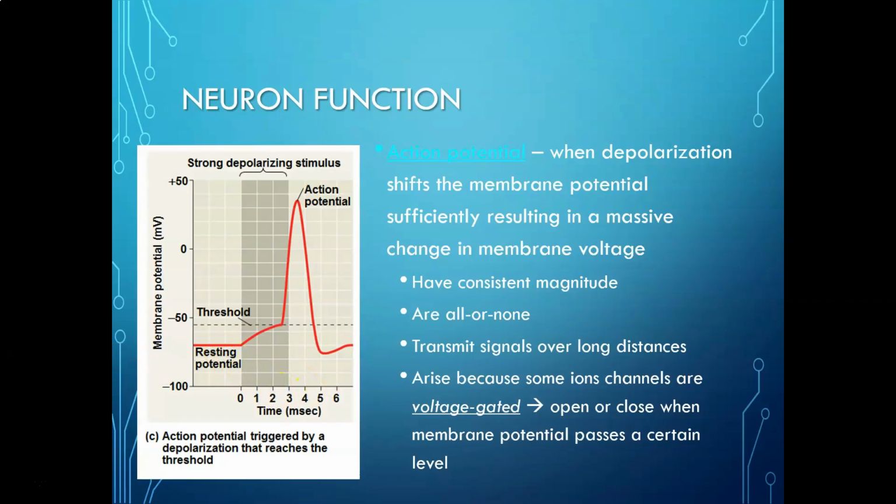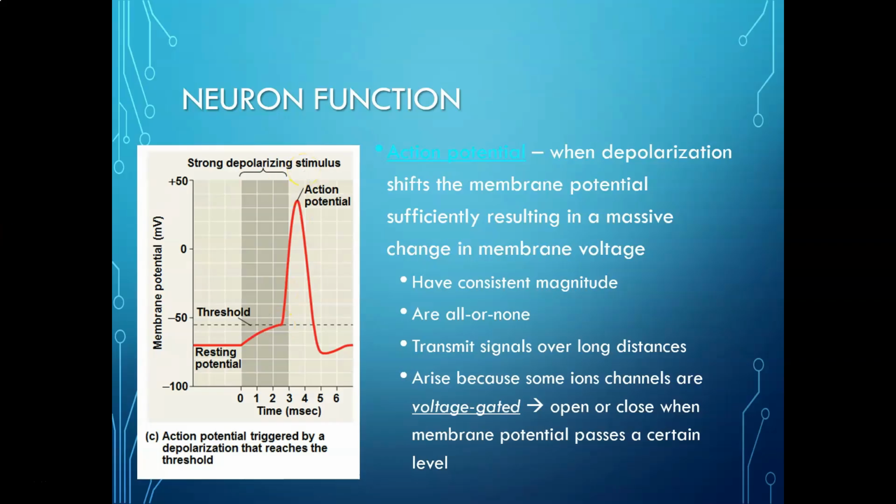It also needs to be sufficiently depolarized. We have to get past that threshold point in order to actually substantially change the membrane's voltage. So here's the interesting thing about action potentials. First and foremost, they always have consistent magnitude. That means we're always hitting approximately this level of depolarization once we've crossed over that threshold point.